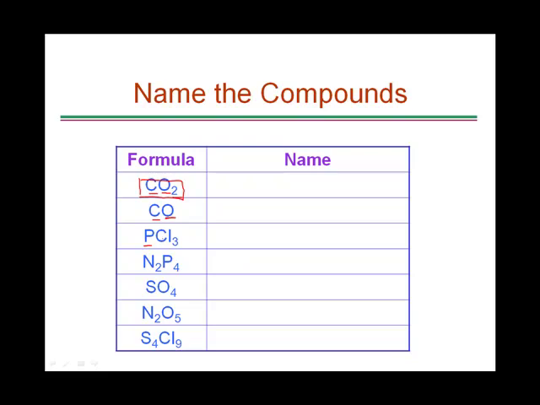This one there's only one, so we don't use a prefix. So it's phosphorus. There's 3 chlorines, so we say trichloride. Well, there's 2 nitrogens and 4 phosphoruses, so we say dinitrogen tetraphosphide.